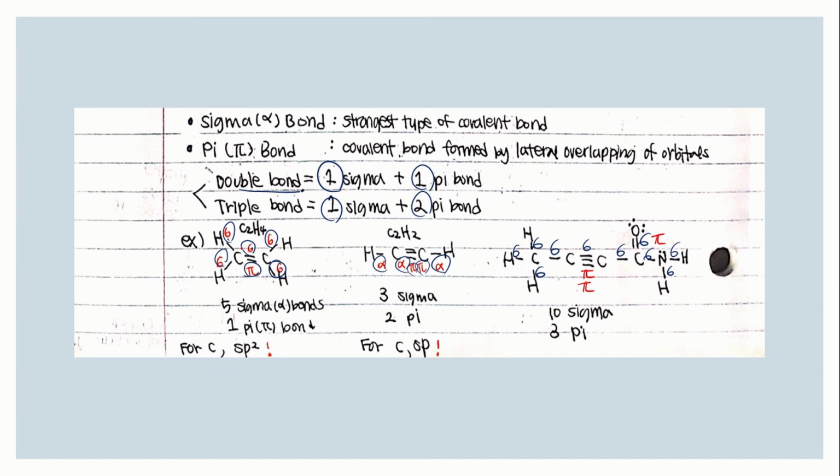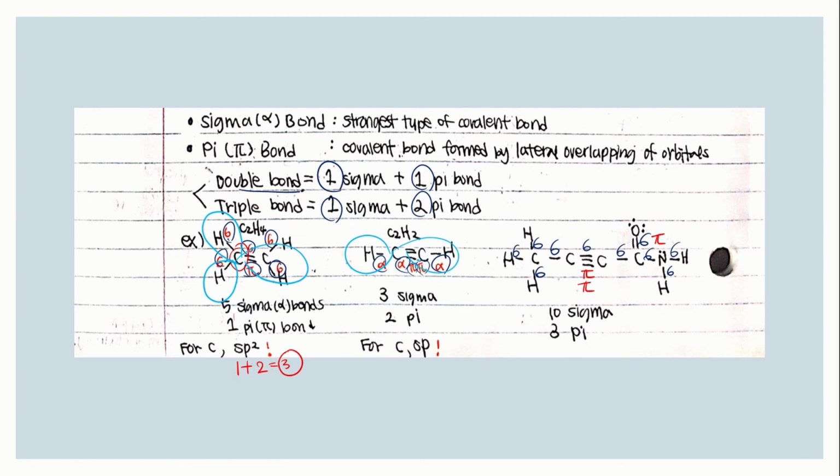For the central atom C, it will have sp2 hybridization because it has 3 charge clouds. As I just said, 1 s and 2 p's makes 3 charge clouds for sp2. You see that the central atom C has 1, 2, 3 charge clouds. For C2H2, the C atom has 2 charge clouds.